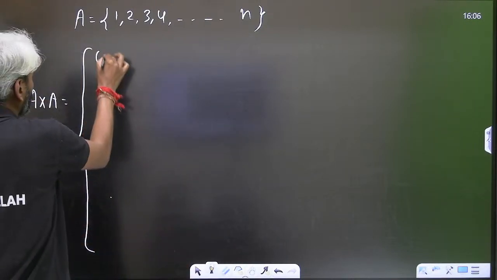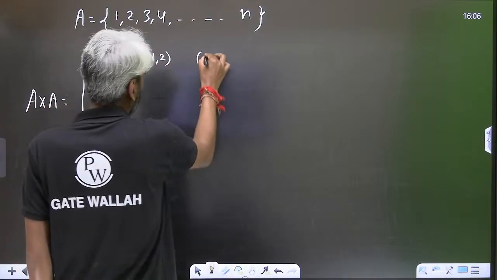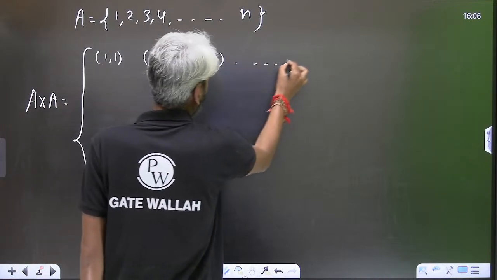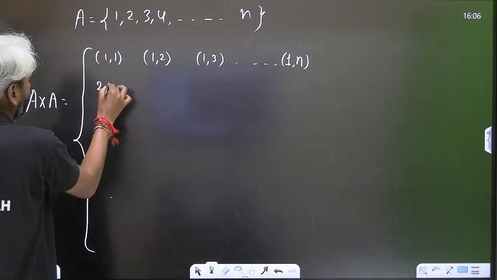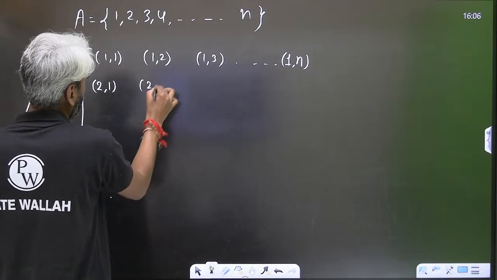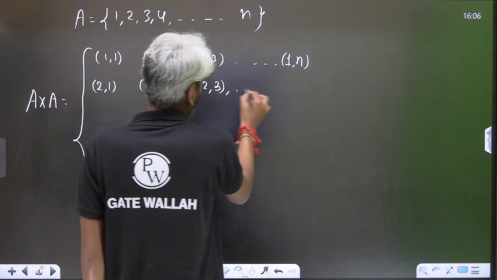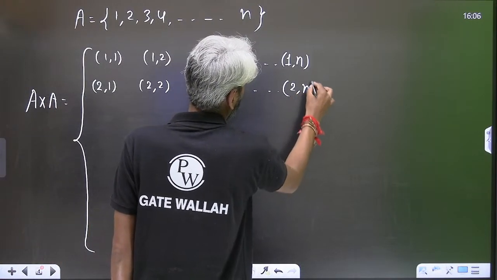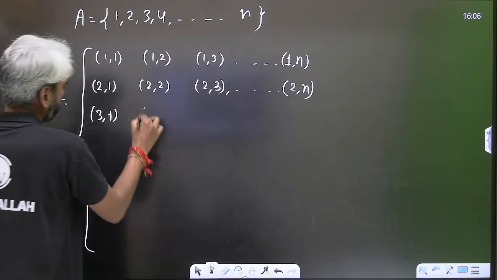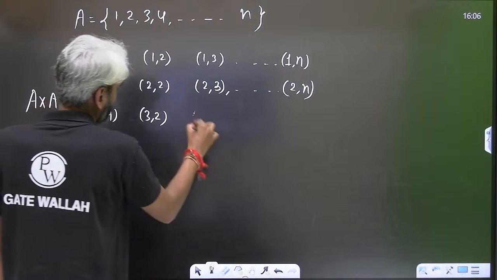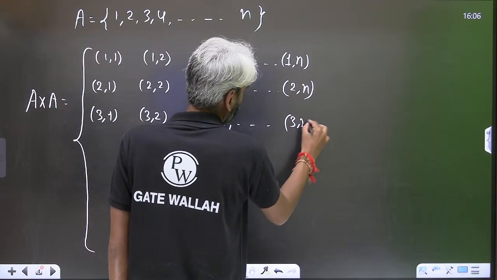That is, 1 will relate with 1, 1 will relate with 2, 1 will relate with 3, and so on, 1 will relate with n. Similarly, 2 will relate with 1, 2 will relate with 3, and so on, 2 will relate with n also. 3 will relate with 1, and so on.